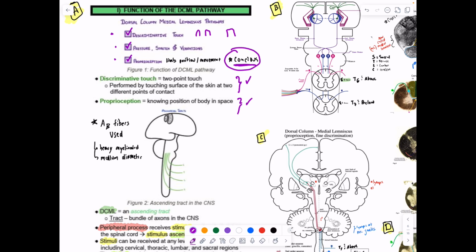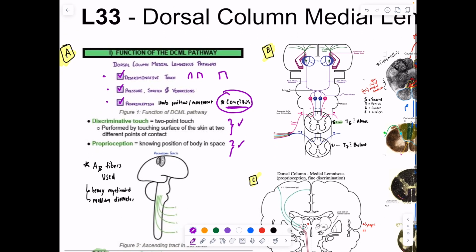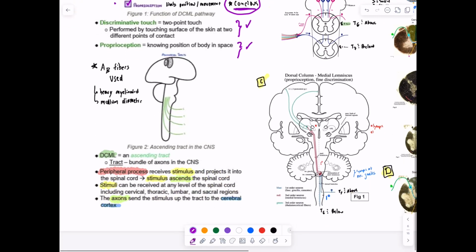Again, conscious for DCML, perhaps maybe think of the C in DC for conscious. All right, the types of fibers that are used here are A beta fibers. They're heavily myelinated and medium diameter. And DCML is an ascending tract. We're going to have our axons coming up like this from the different spinal levels.